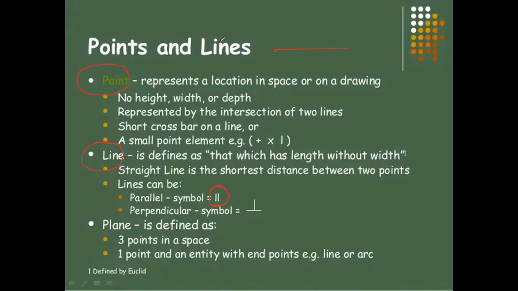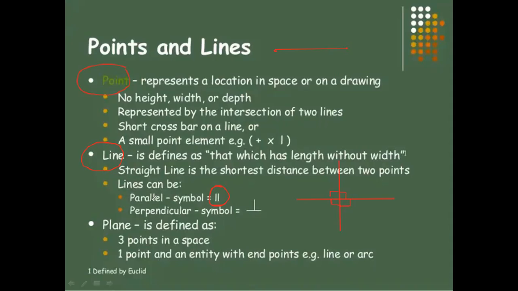If a line crosses another line at 90 degrees, then that is a perpendicular line. Again, it will form 90 degrees at the meeting point.